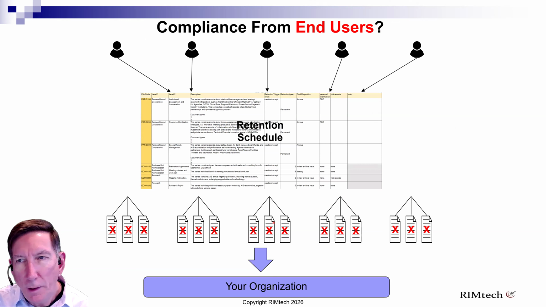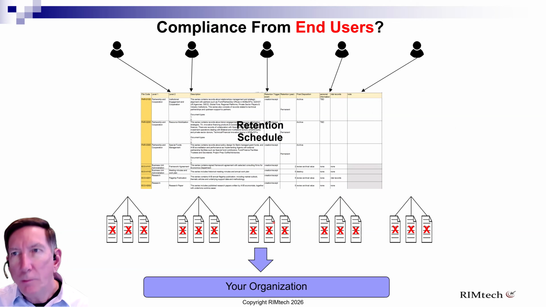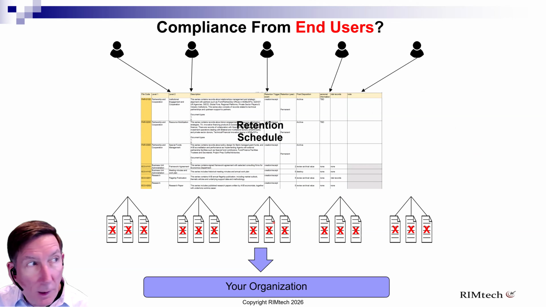Okay, so that leads to two schools of thought. One is that compliance comes from end users. Every user has a responsibility to manage their records. Often I've seen this enshrined in corporate policy: you're the one creating these records, you have an obligation to manage them as a record.